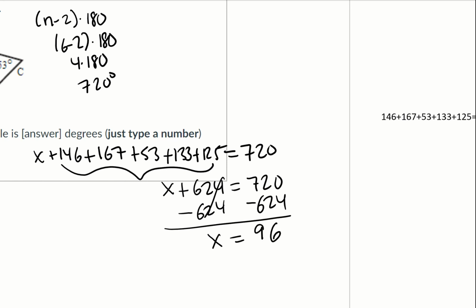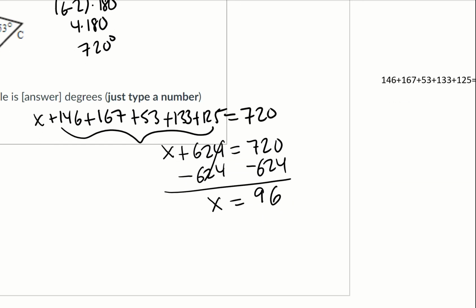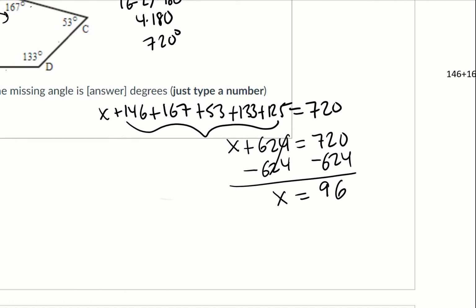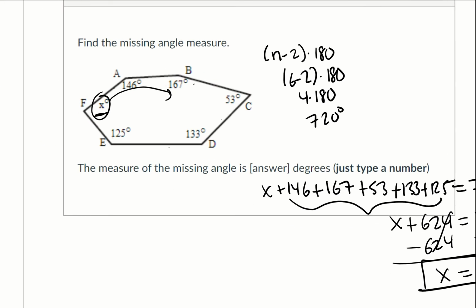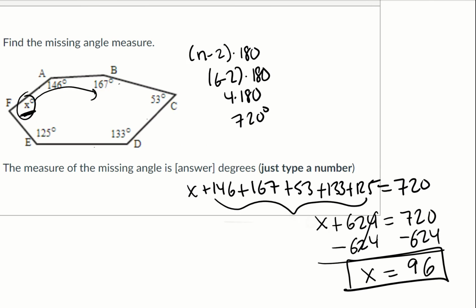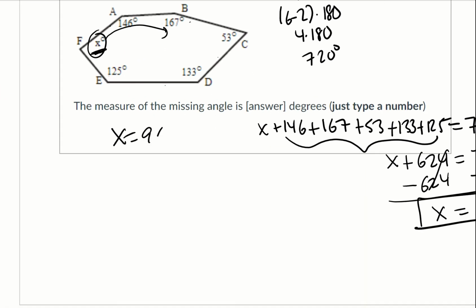And that's going to be 96. All right, so let's see, so that is x, and it turns out that the missing angle is x, so that's our answer. So our answer here is x equals 96.